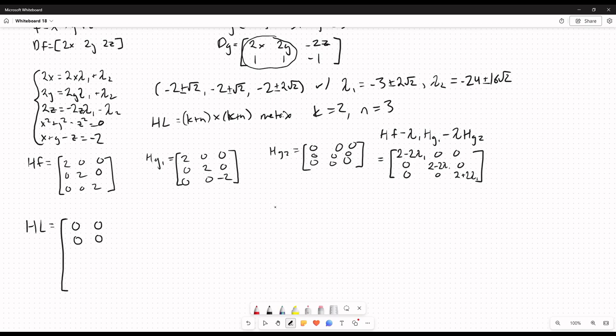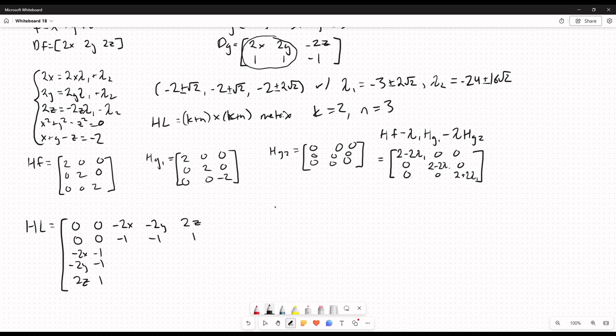Then we're going to have the negative matrix of partial derivatives for G. So that's going to be negative 2x, negative 2y, positive 2z, then negative 1, negative 1, 1. We'll have the transpose of that here: negative 2x, negative 1, negative 2y, negative 1, 2z, 1.